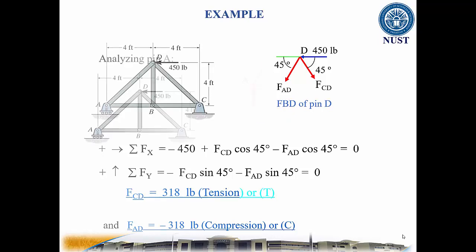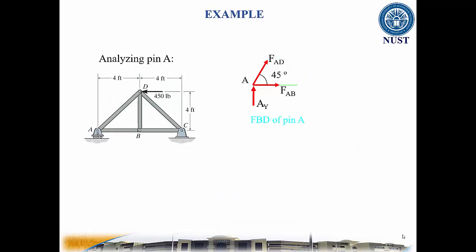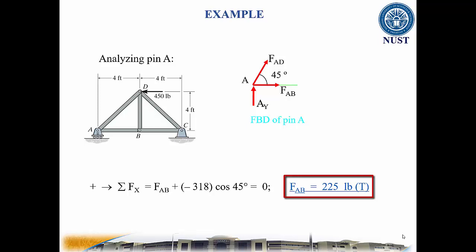Now, to determine forces in the member AB or BC, we need to draw a free body diagram at point A and apply the equation of equilibrium. This results in force in the member AB equal to 225 pounds, which is in tension, and it is the same as that in the member BC, which is also in tension.